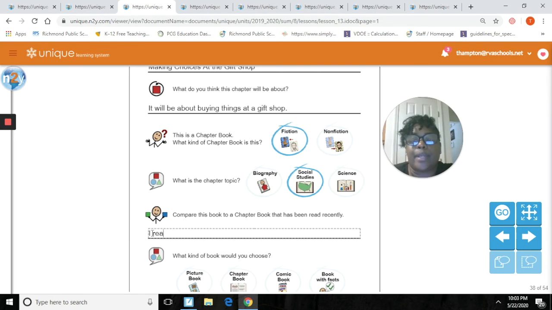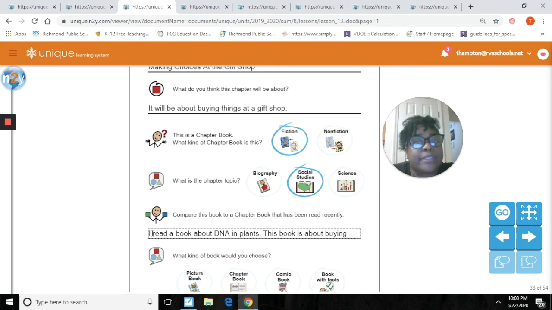So I read a book about DNA in plants. Okay. This book is about buying, and it won't let me type any further. But this book is about buying things in a gift shop.